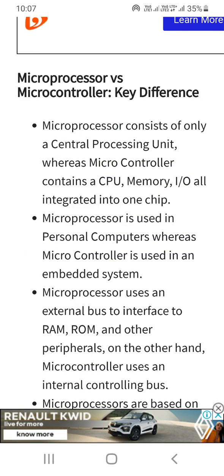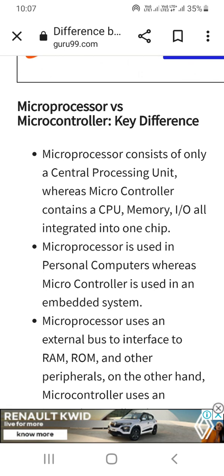What are the key differences between a microprocessor and a microcontroller? A microprocessor consists of only one central processing unit, whereas a microcontroller contains the CPU, memory, and I/O, all integrated into one chip.